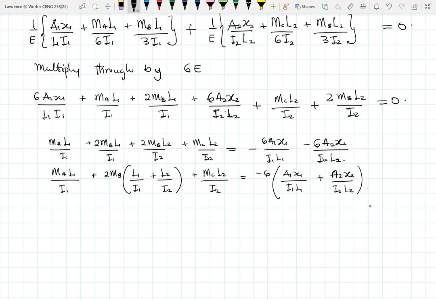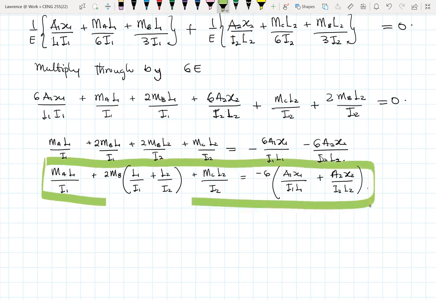And ladies and gentlemen, this becomes the equation that we'll use to calculate our moment. This becomes the three-moment equation. It seems long, I know, but it's fairly straightforward to use.